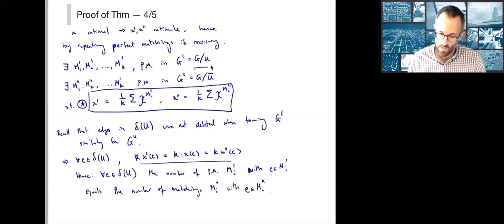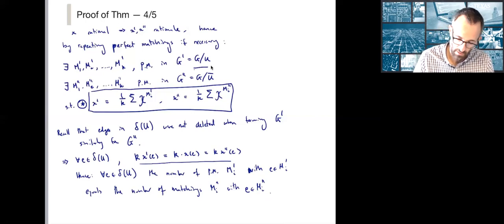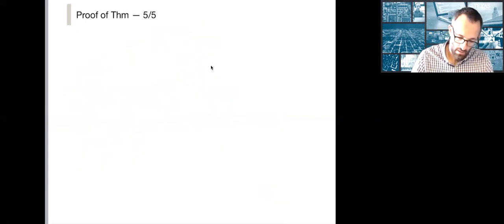Now, how many edges going into U does a matching have? So here's my subset, my odd subset U. Again, it doesn't have to be a cycle.